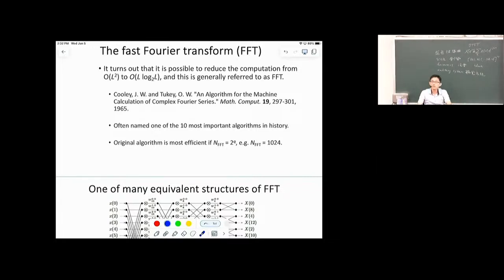Usually it's a good habit to set the block length in our case as a power of 2. Let's say 1024 is a good candidate, or 512, 256, and so on. A power of 2 is usually the most efficient way to implement the FFT.